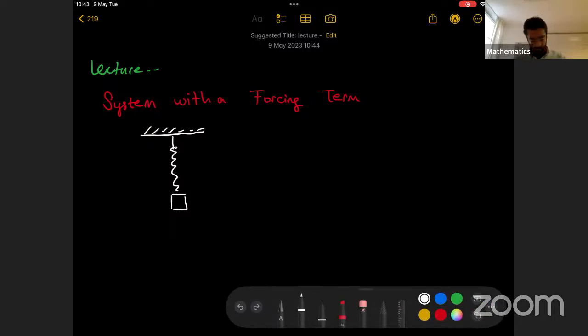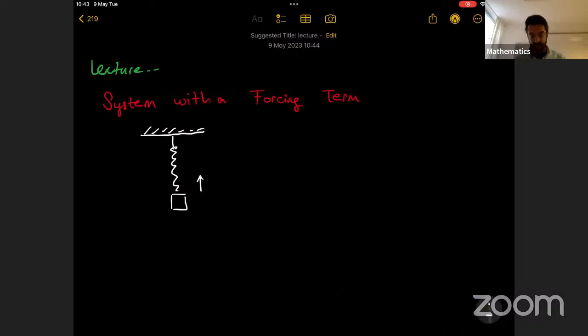We had a restoring force by the spring, which is opposite to the direction of the movement. So this is Fs, which is given by some constant times u.